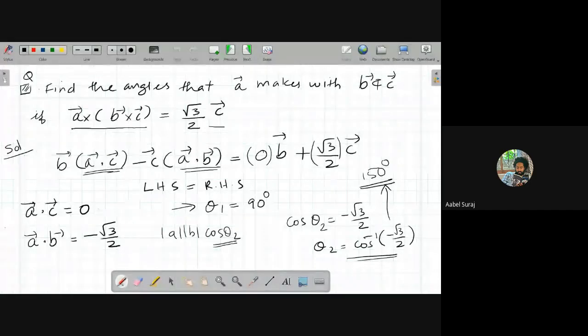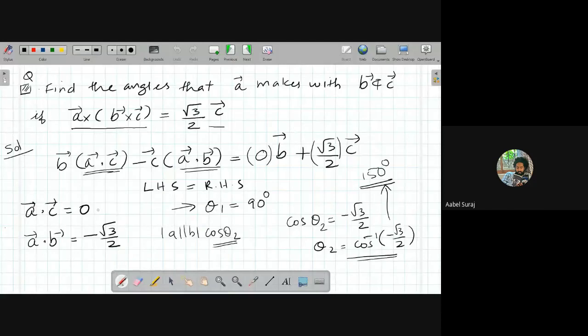If you are taking modulus of A and modulus of B as a whole, you can take the magnitude as 1, no problem with that. So we are only discussing angles here.